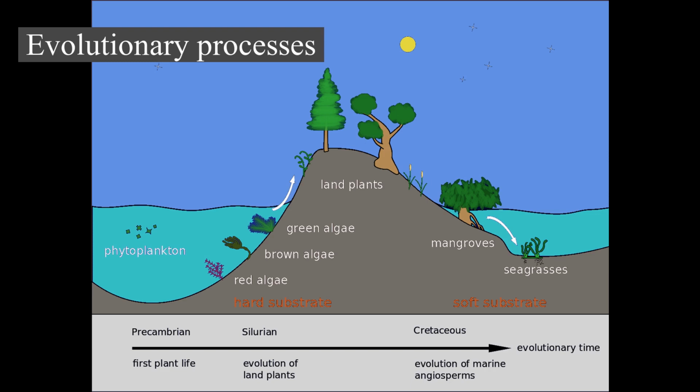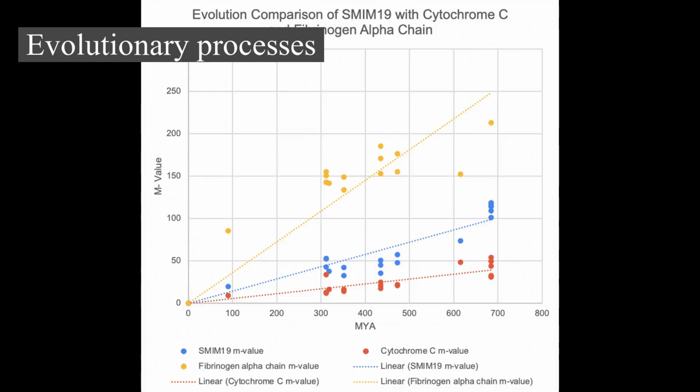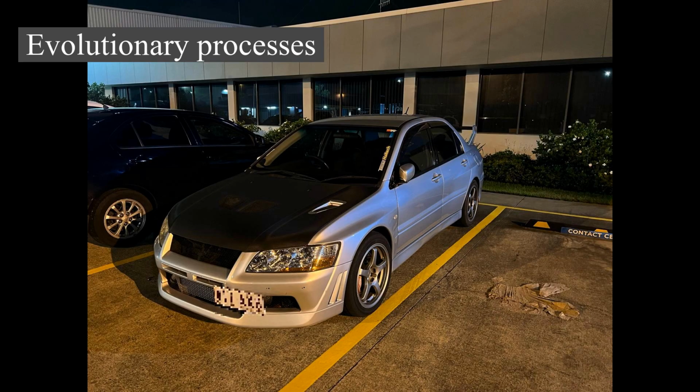Eugene Odum, a founder of ecology, defined an ecosystem as any unit that includes all of the organisms in a given area interacting with the physical environment so that a flow of energy leads to clearly defined trophic structure, biotic diversity, and material cycles, i.e., exchange of materials between living and non-living parts within the system.